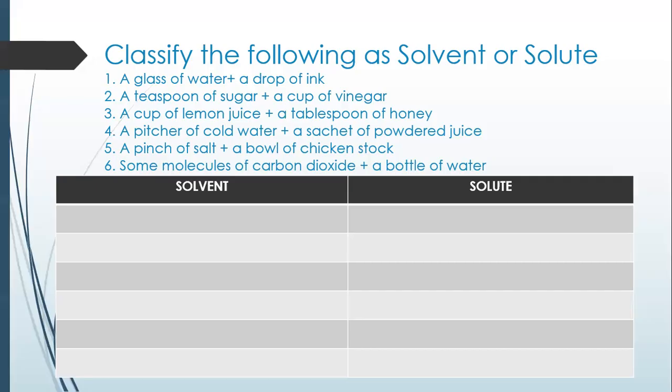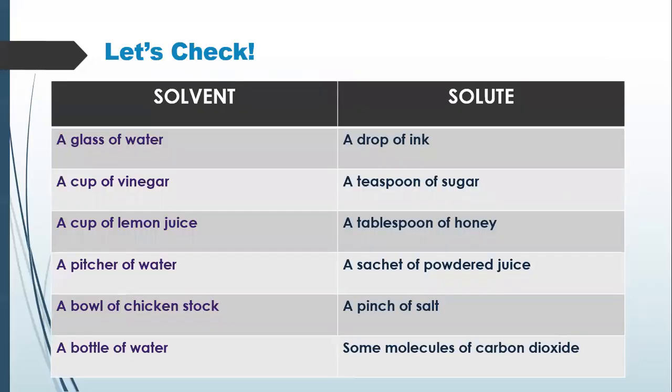Ready? Let's start checking. So here are the answers. Under solvent, we have a glass of water, a cup of vinegar, a cup of lemon juice, a pitcher of water, a bowl of chicken stock, and a bottle of water.